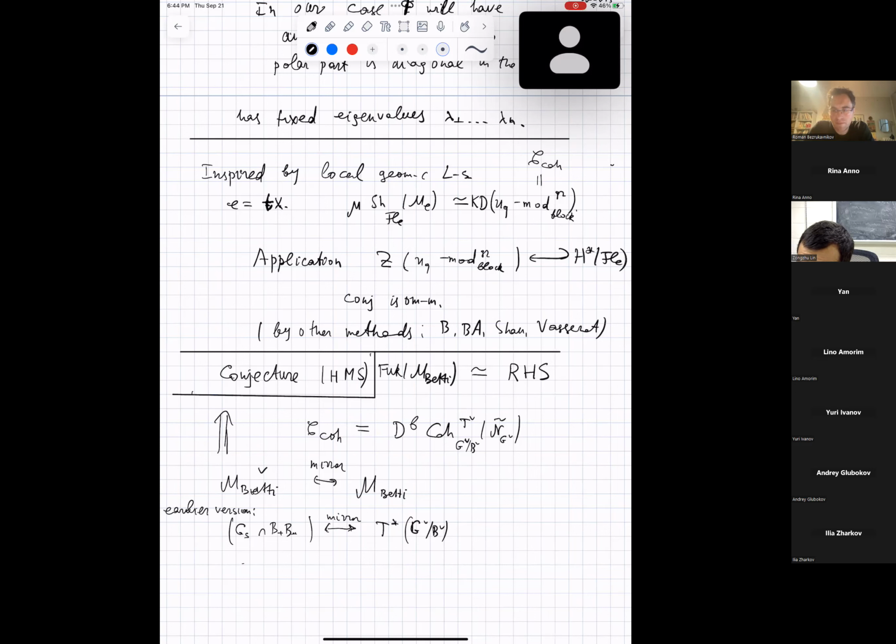They considered maximal regular singularities, but for an arbitrary curve, not only for CP1, with prescribed, I think, semisimple residues of the Higgs field.